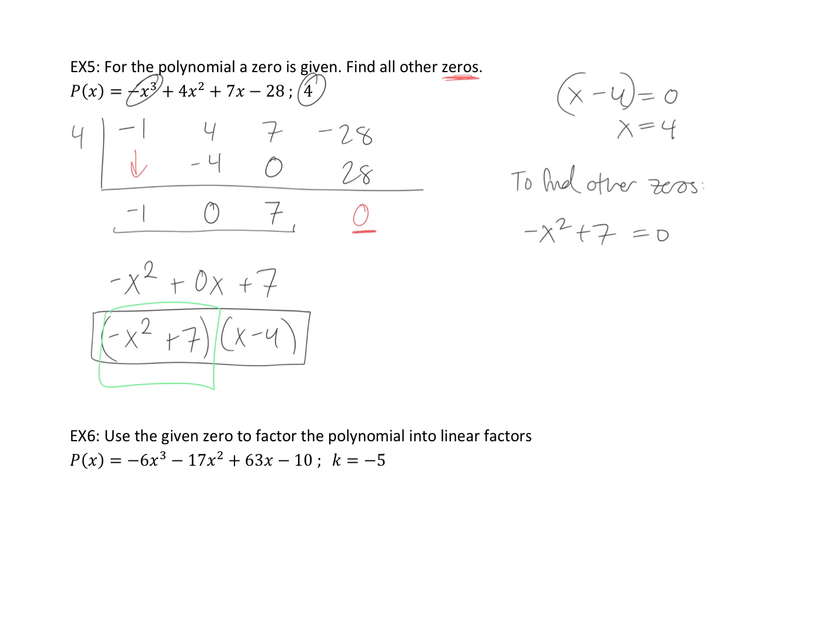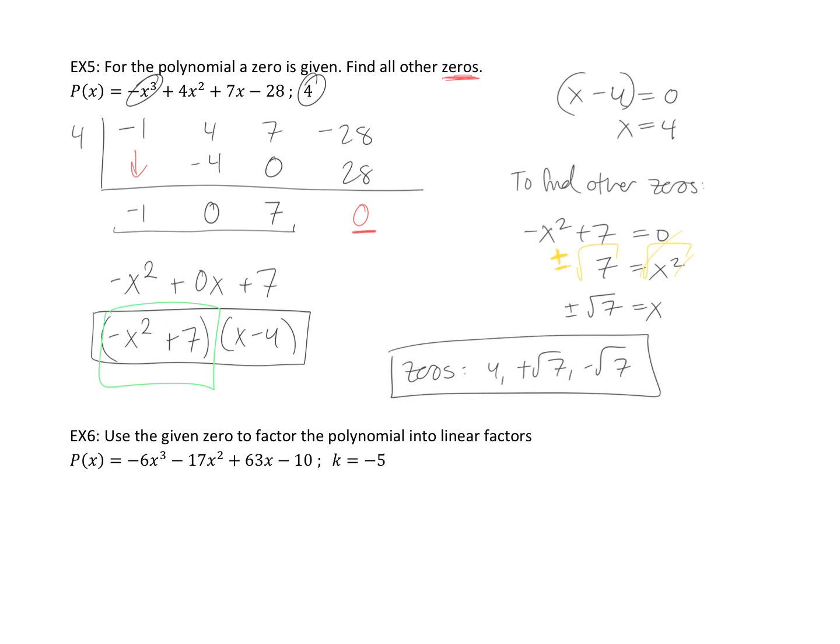We'll add the x squared to both sides. And now to solve, let's go ahead and take the square root of both sides. Again, remember, when you do the square root property, you have to include the plus and minus, that there are two possible answers. And then we get plus or minus the square root of 7 equals x. So those are my other two zeros. So my total zeros are 4, positive root 7, and negative root 7.